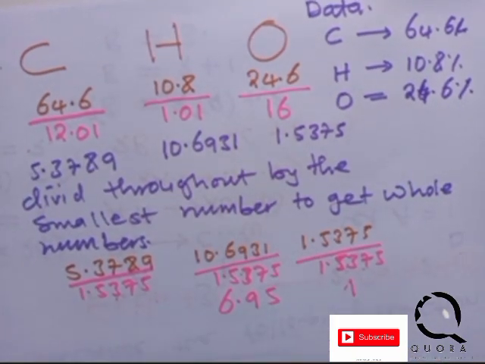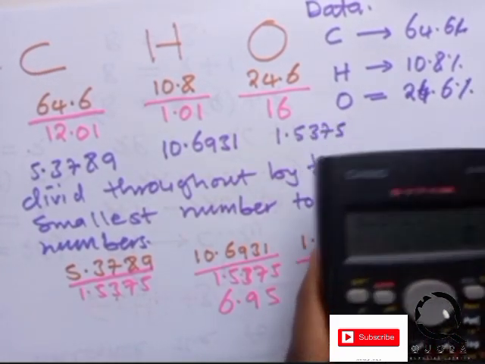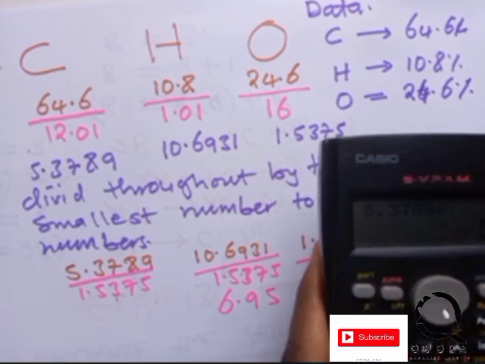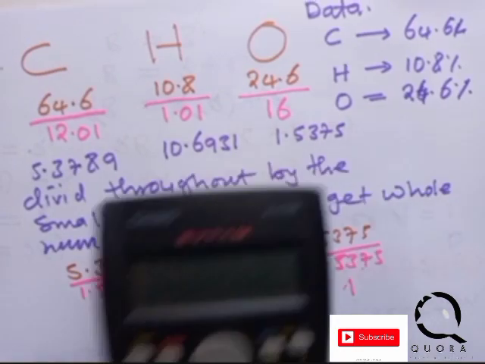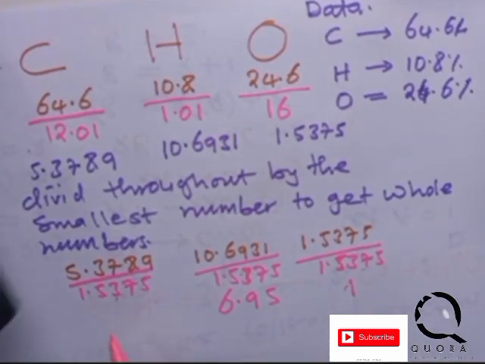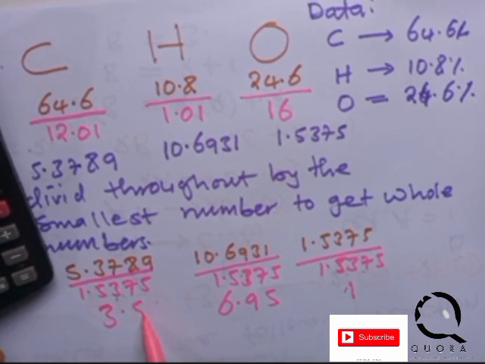Now come to the first one, which is 5.3789. Divide this by 1.5375. So here we are going to have 3.5.